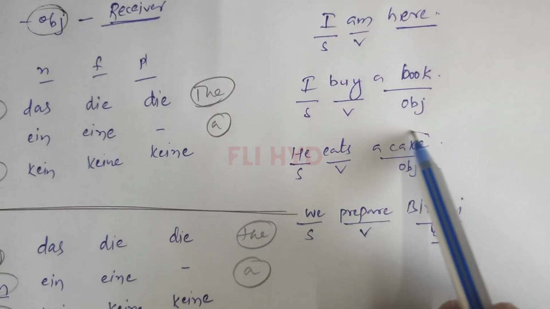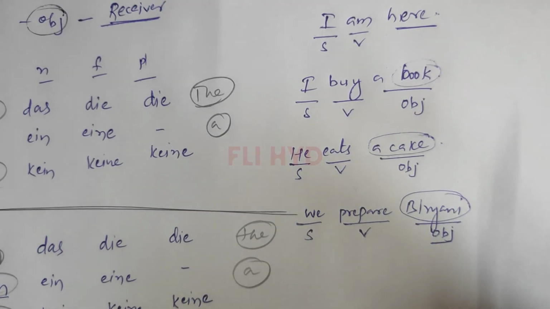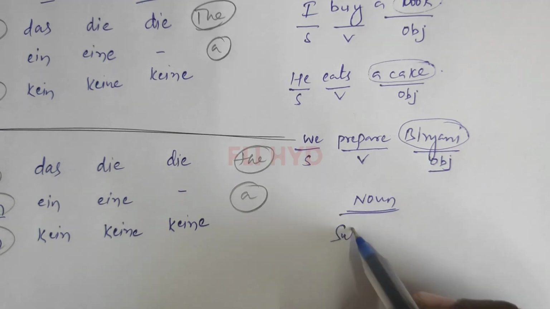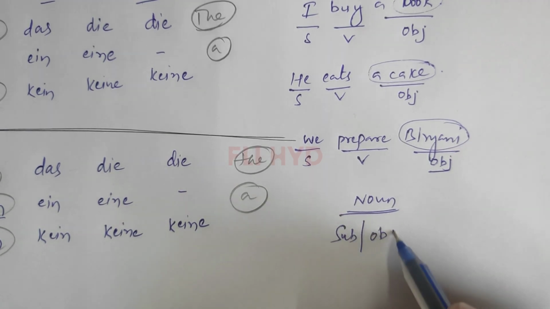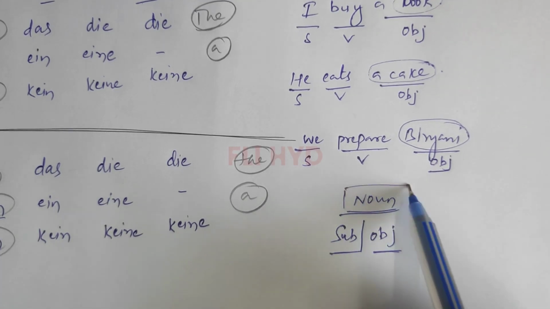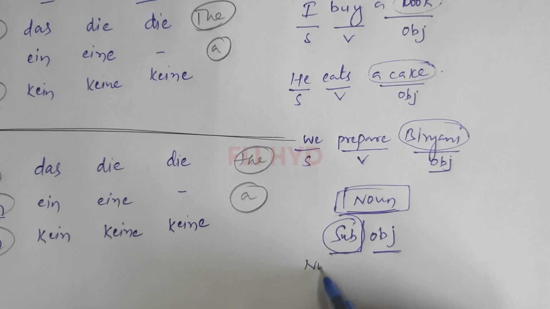These are all nouns. Cake is a noun, book is a noun, and biryani is a noun. So, careful here, a noun can be a subject or object. If you write that particular noun in the subject place, it is called nominative.